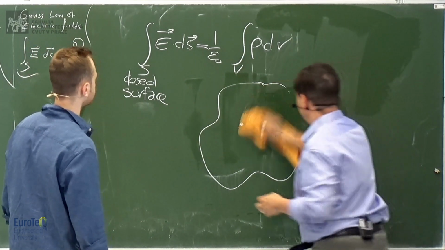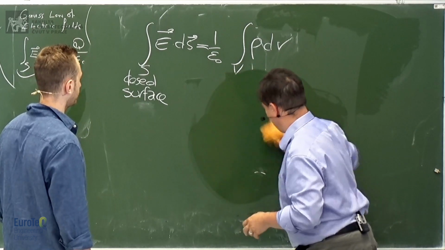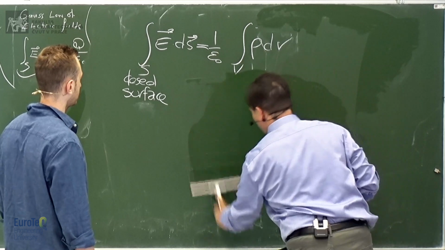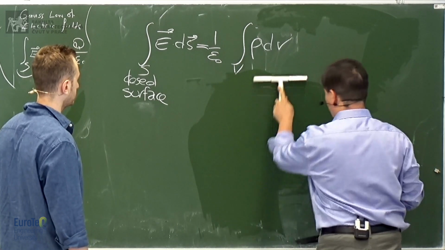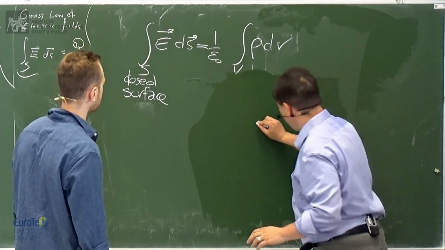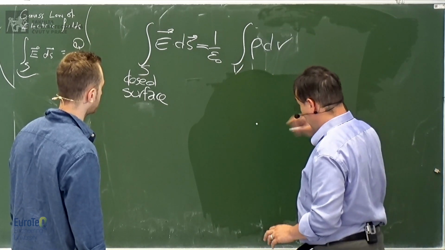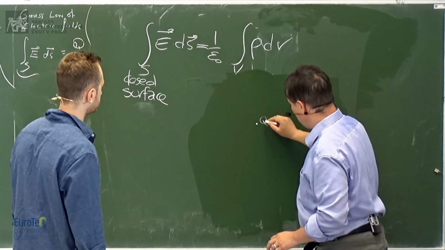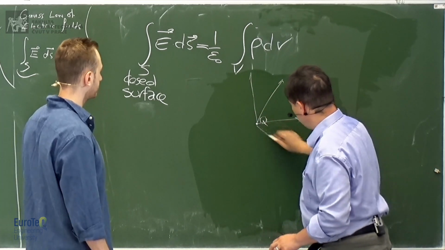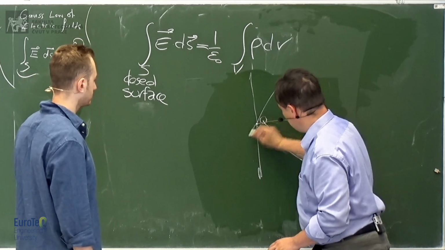So let's say that you have a nice, very regular shape, and namely, we will use a ball. Again, I have here my positive charge, so I will have an electric field like this.